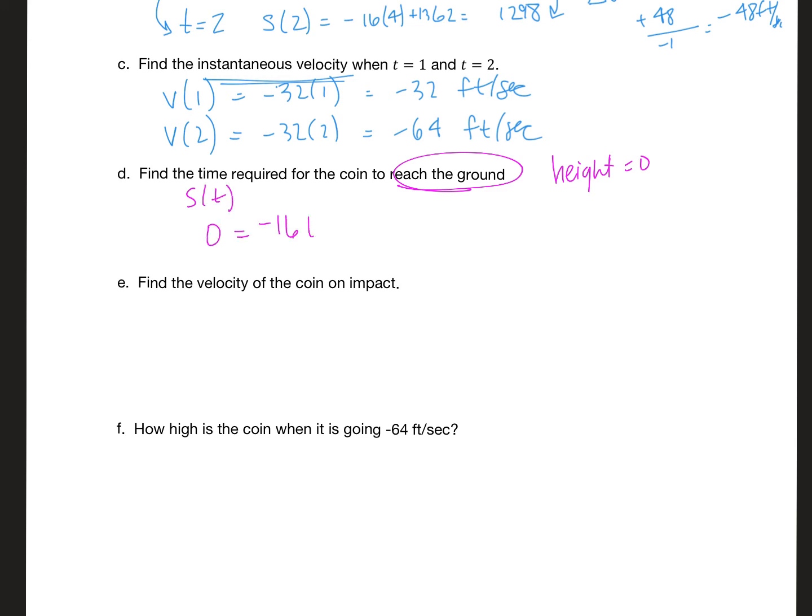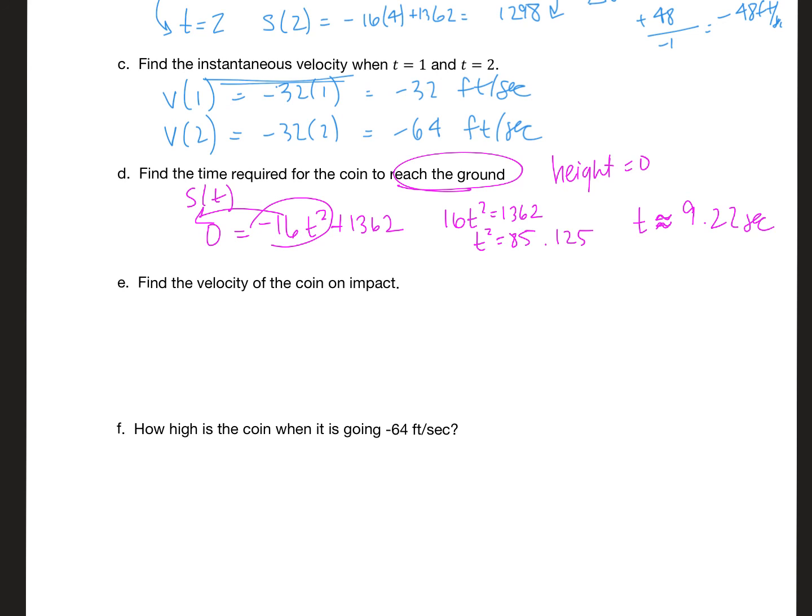Negative 16t squared plus 1362, which means I'm going to move this to that side and get 16t squared equals 1362. Dividing by 16, t squared equals 85.125. And if I take the square root, we get, actually it's not equals, it's more of an approximate 9.22 seconds. Double check me please, but I'm pretty sure that's right.